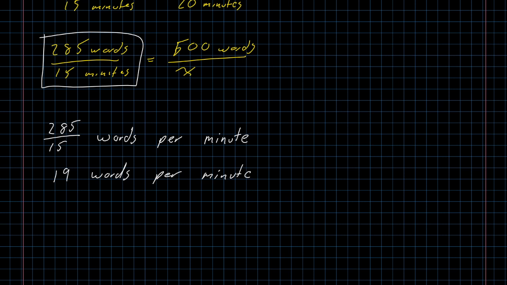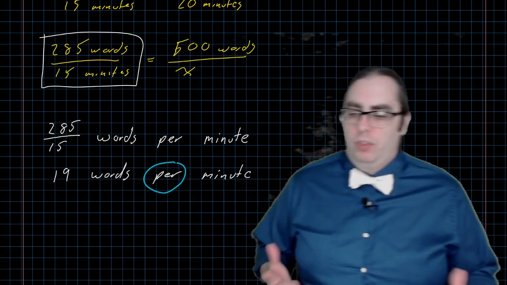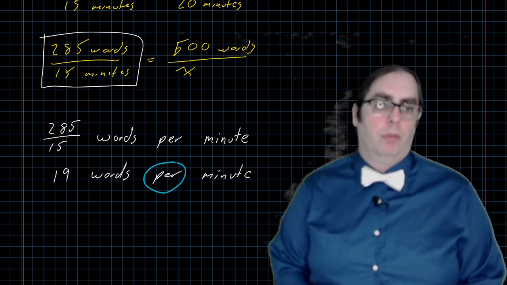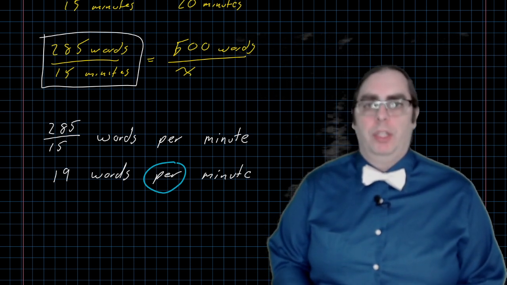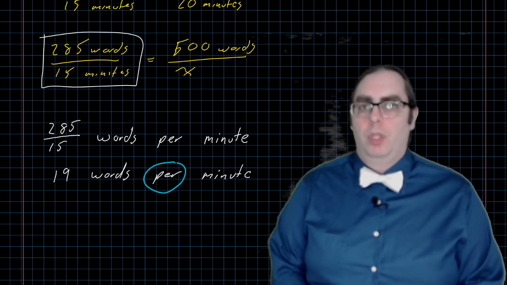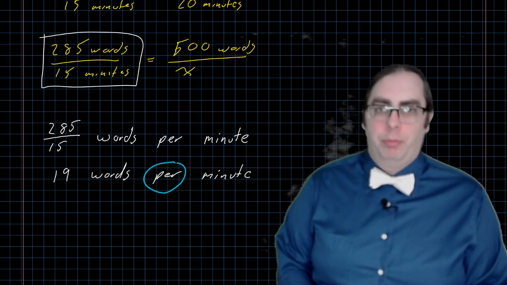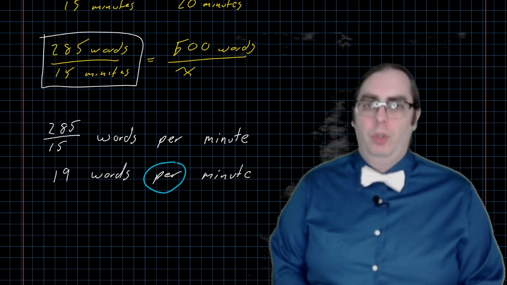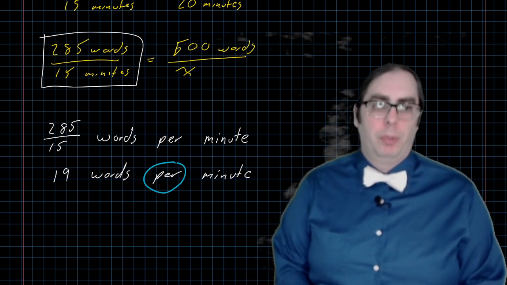This idea of a unit rate allows us to shortcut a lot of the process of solving a proportion. You can recognize you have a unit rate because the word per appears. And if you just think about your everyday life for a couple of minutes, you should probably be able to come up with 10 or 15 examples of things that you measure where the word per shows up. Your car's rate of speed in miles per hour. The rate at which the gas station charges you for fuel in dollars per gallon.